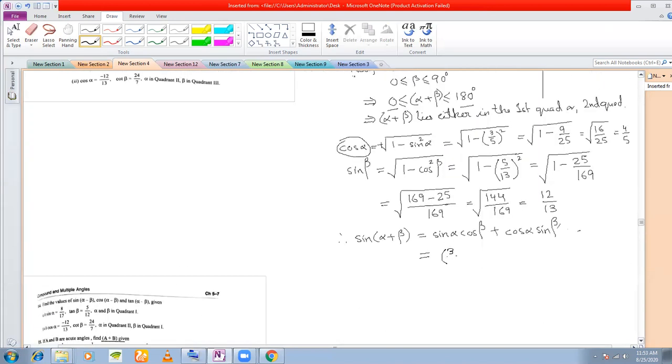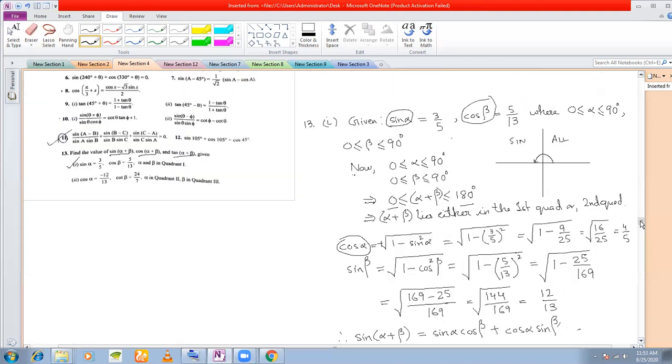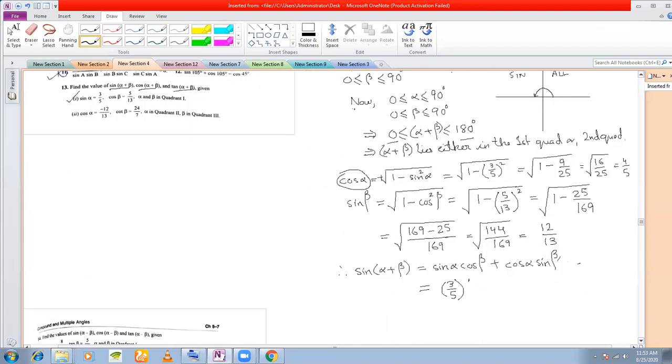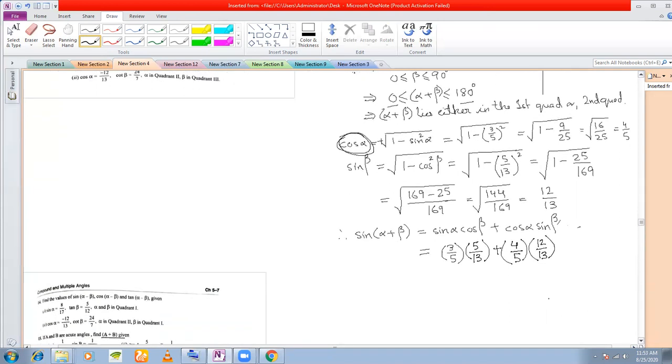Cos beta we know is 5 by 13, the value has been given to me, 5 by 13, plus cos alpha is 4 by 5, we have already calculated cos alpha, and sine beta is 12 by 13.